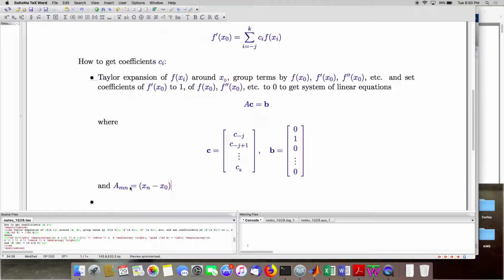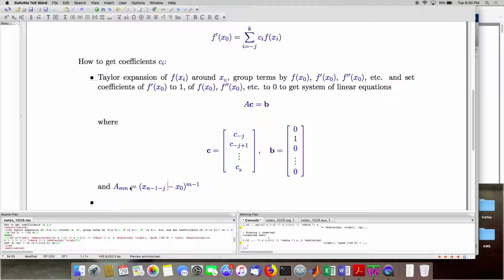To the m minus first power, and then the index down here needs to be, okay, so when n is equal to 1, I need it to be minus j, so I need n minus 1 minus j.